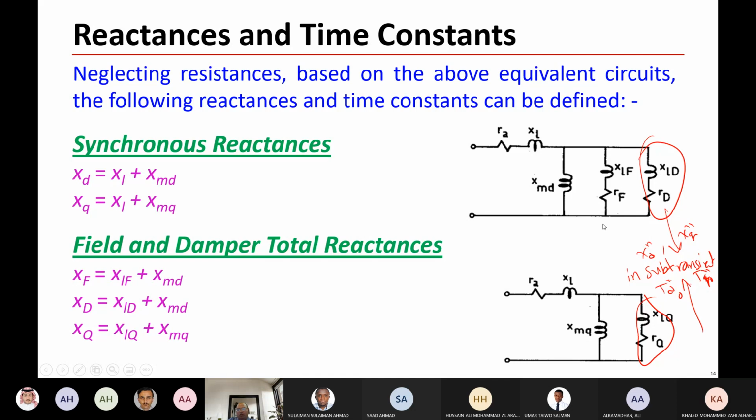So you can calculate, for example, the time constant of the field winding if this is open circuit in one case, and in the other case, if this is short circuit. If this is open circuit, this reactance will not play any role in the calculation. If this is short circuit, now we have a reactance here in parallel with XMD if you look at it from the field winding point of view.